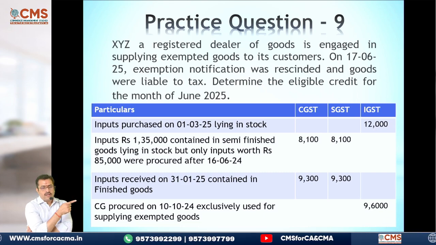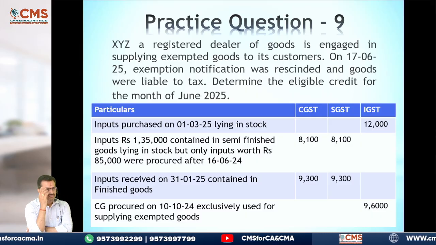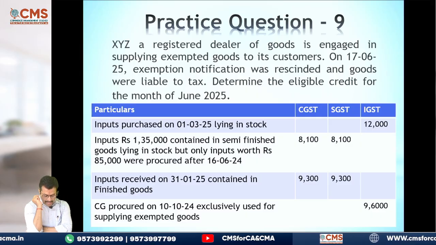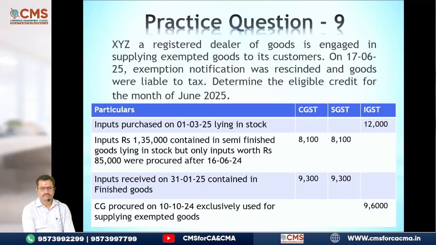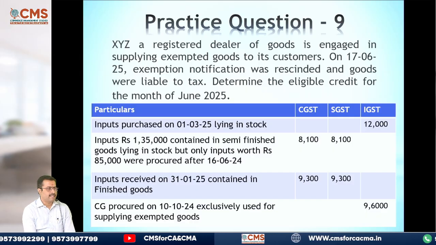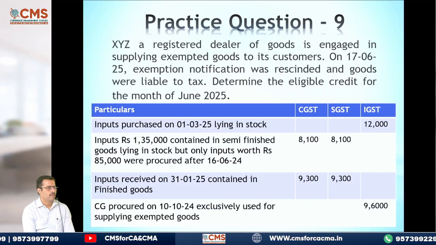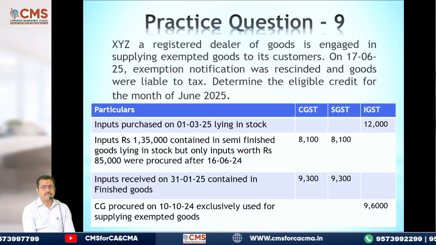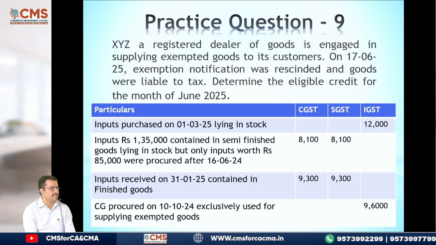So take ITC on capital goods. Write down ITC on capital goods. Chalo beta, what will happen? 96,000, no, not into, 96,000 minus 15% you write.